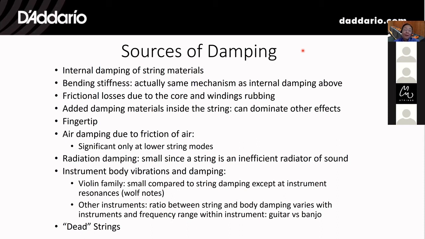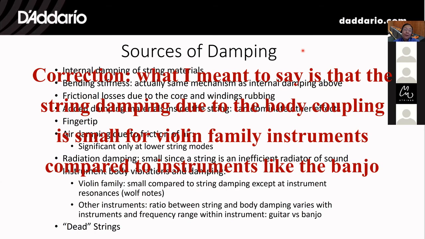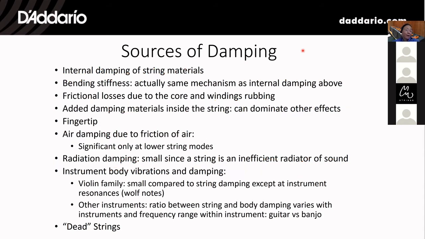But for the violin family, the losses when the string is mounted on the instrument, the losses due to the instrument vibrating are fairly small, except at the major resonances. The most obvious example of that and the ill effects are the wolf notes that occur at major string resonances. For other instruments, the ratio between the string and body damping varies with the instrument and the frequency range within the instrument. And I know that Jim is working on research for this.